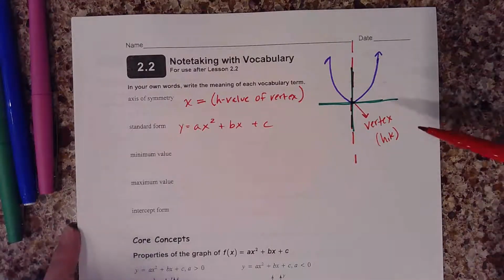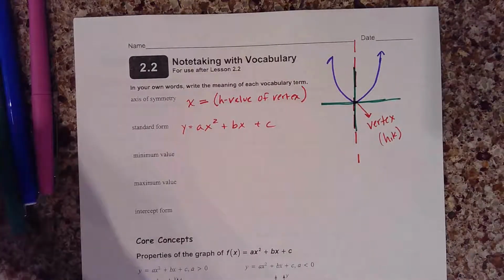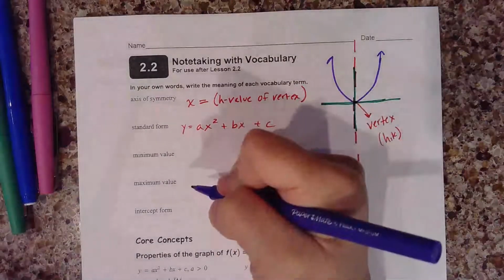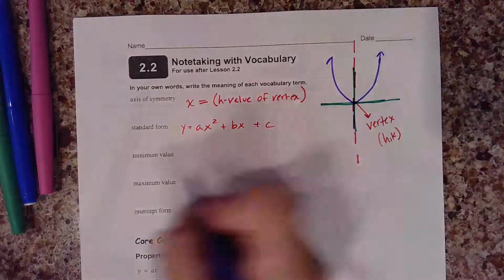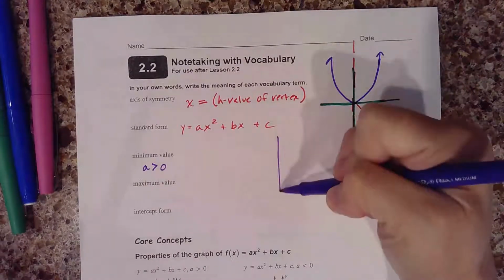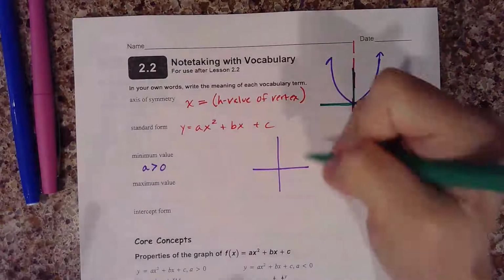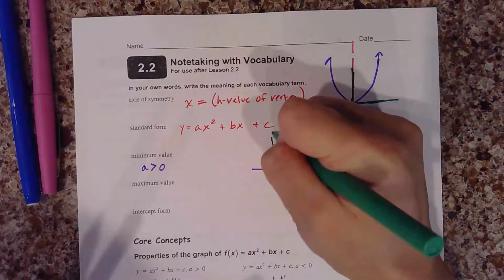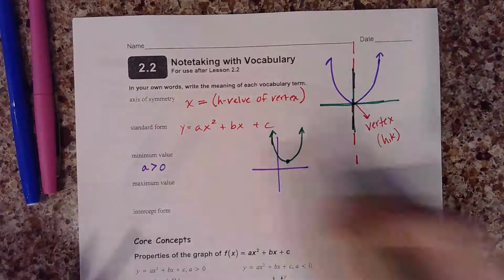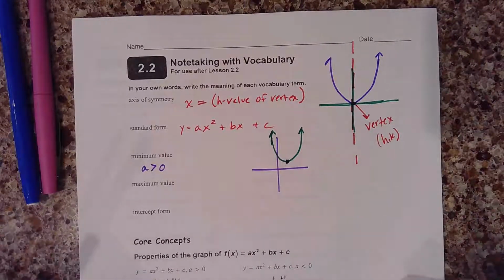All right, minimum. A minimum occurs when your parabola opens up. So in other words, when your a value is greater than 0, because in order for your parabola to have a minimum, and I'm just going to draw a different one, not a parent function. What we're referring to here is that this is the minimum point of my graph.